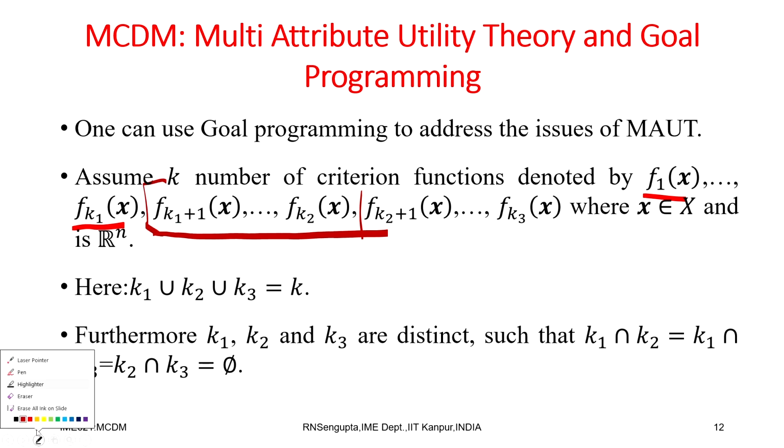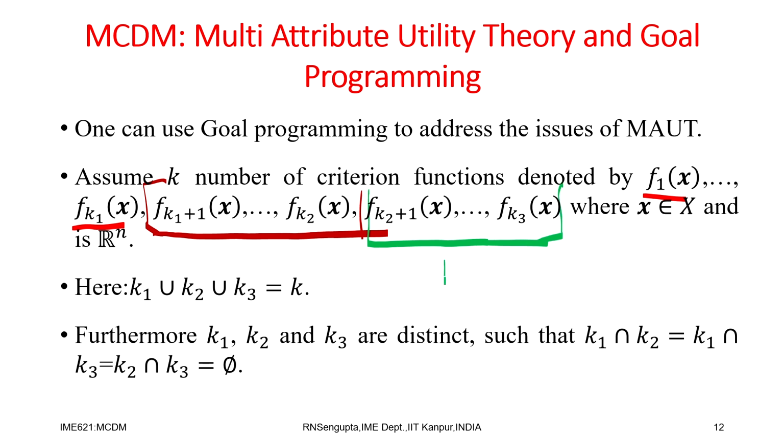The third one is from fk2 plus 1 to fk3, such that the sets are, I am marking, this is the third one, this is the second one, and this is the first one. So, this is what I mean. The union of them is k, and k1, k2, k3 are all distinct, such that the intersection between k1, k2, k3 is a null set.